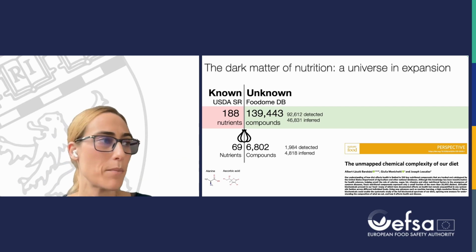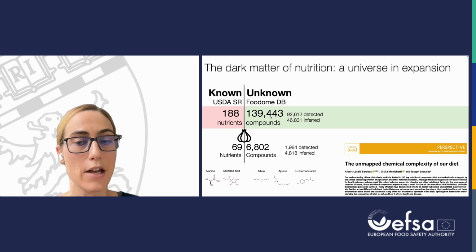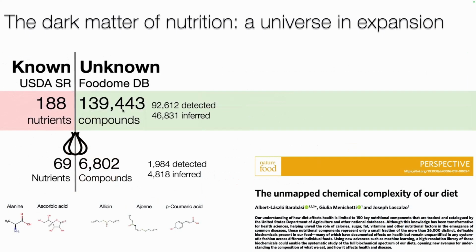Yet the database does not track important organosulfur compounds like allicin and arginine, which are, let's say, key drivers of the cardioprotective and antimicrobial effects of garlic. But also, for example, if we talk about polyphenols, a class that is a little bit more studied, p-coumaric acid is one example that is known to be protective against carcinogenesis and inflammation.